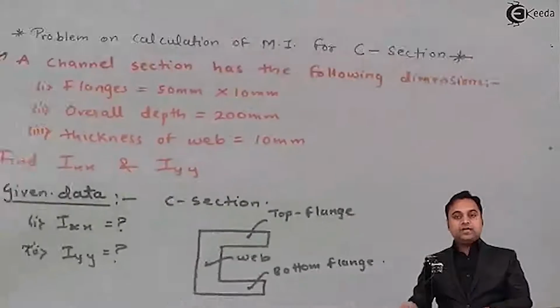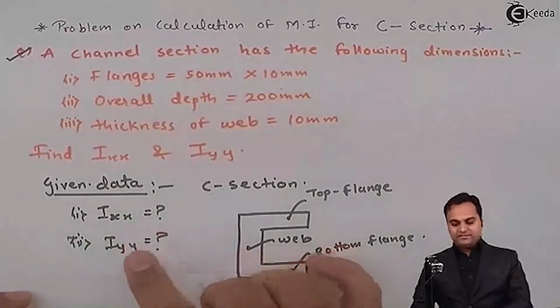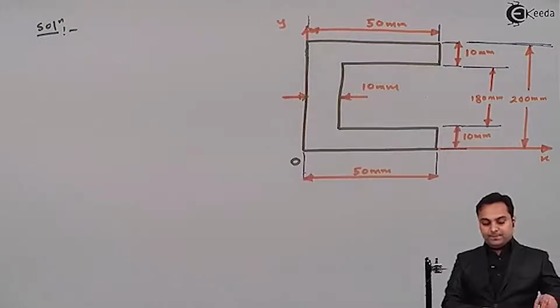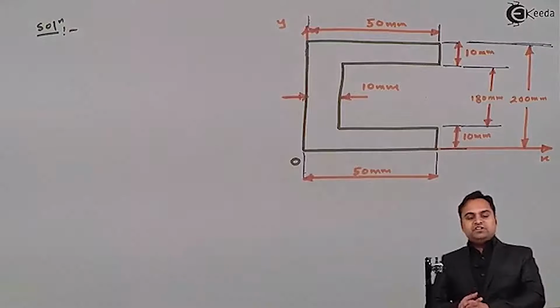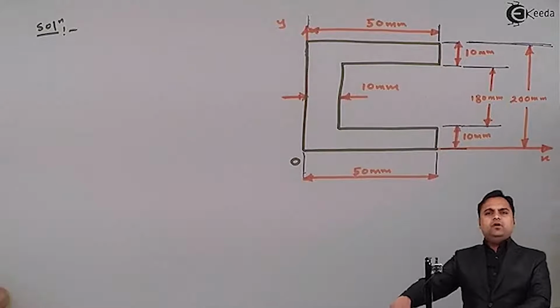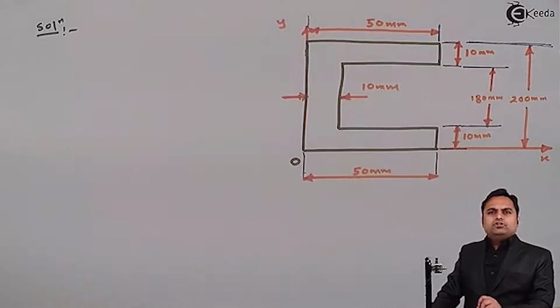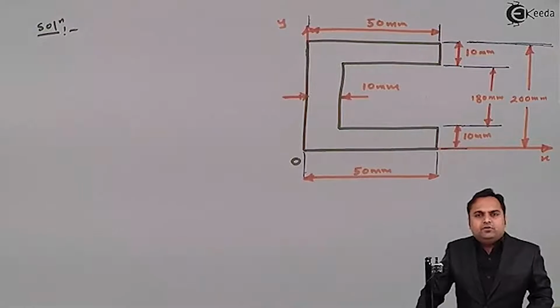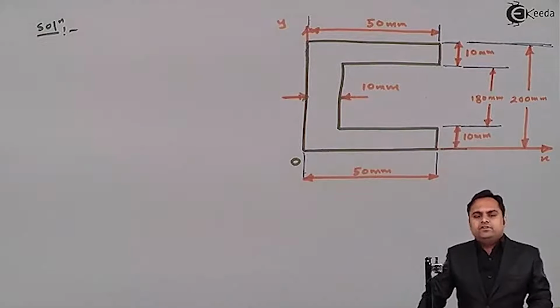And the question is to calculate moment of inertia about x-axis and y-axis. So here, before we start this problem, the diagram we have drawn. Now we need to know where is the location of centroid, because until and unless we have the centroid, we cannot find the moment of inertia.